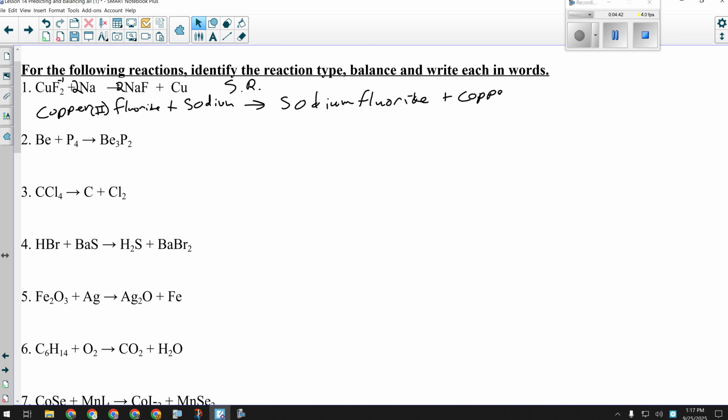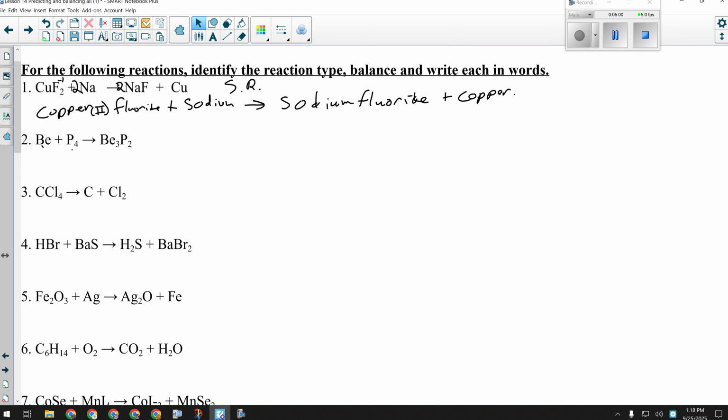Does copper need a Roman numeral on this side? It does not, because in its element form, its protons and electrons are balanced. It doesn't have a charge. All right, so that's what that one should look like. All right, for number 2, I've got an element reacting with an element. What kind of reaction starts that way?